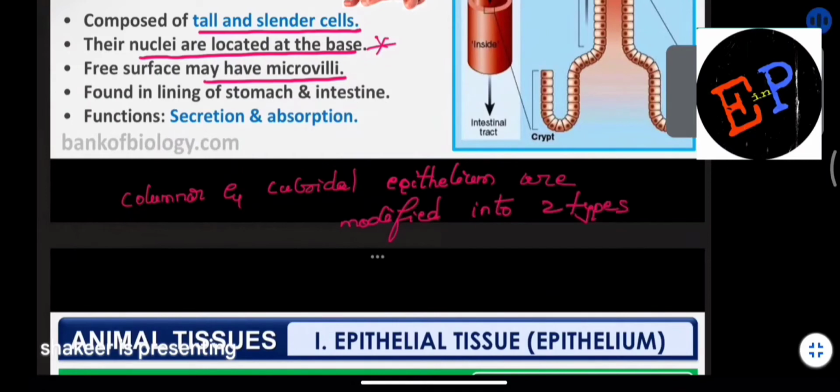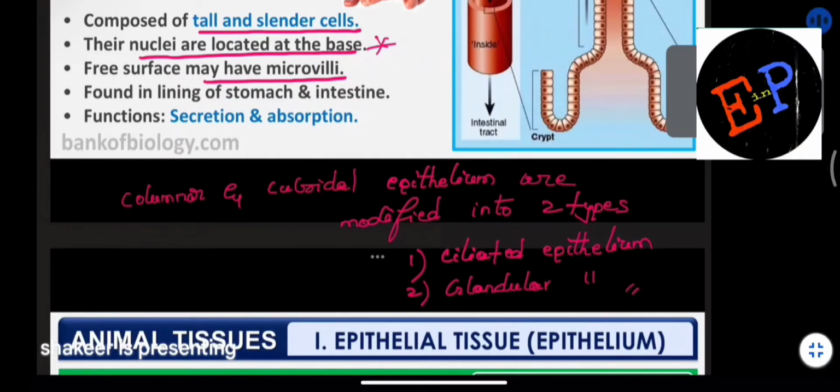What is the first one? First one is called ciliated epithelium and the second one is called glandular epithelium. Are you able to understand, ma?